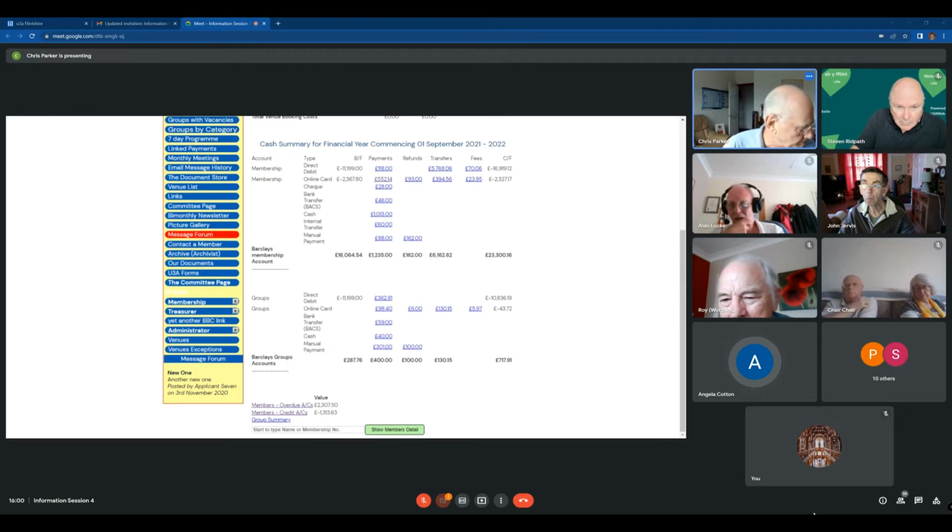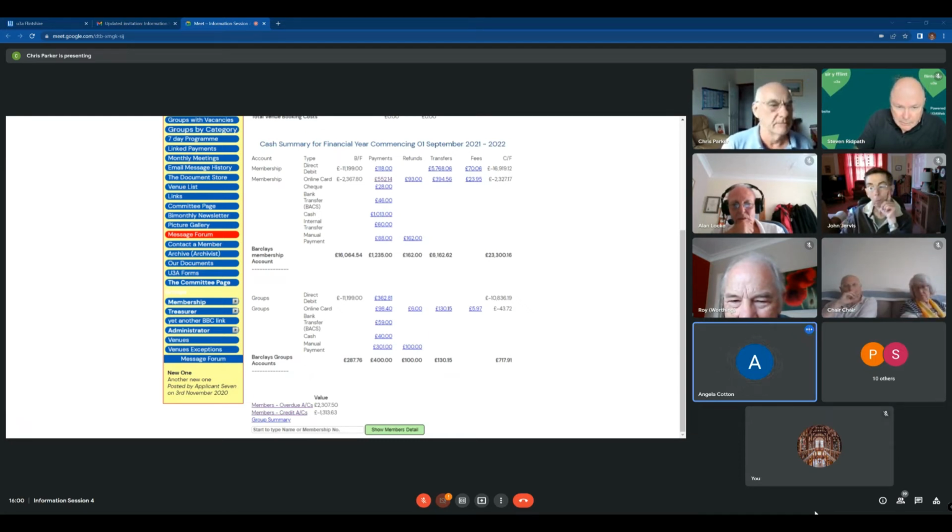Sure. I was having a look at our treasurer dashboard, which I don't normally do because I don't normally have the authority for it, and it's giving me the accounts for 21 to 22, and it's telling me that we're £6,000 adrift.